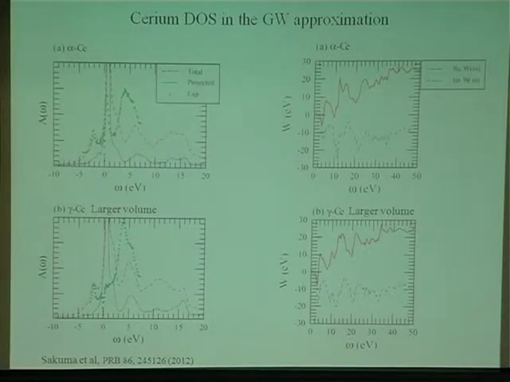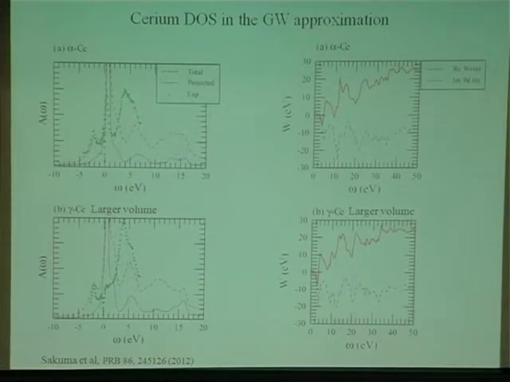But otherwise, there is no drastic reduction in the quasi-particle weight. And also, if you look at the satellite feature, the GW spectra tends, again, to overestimate the satellite energy.